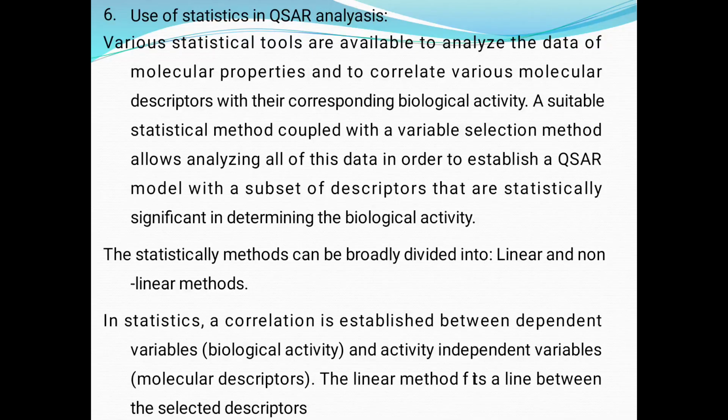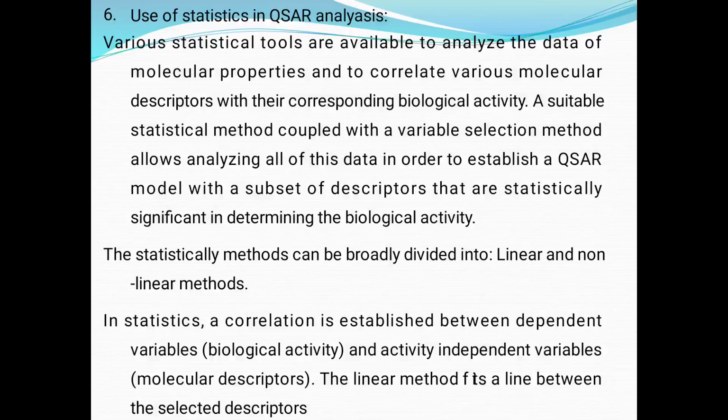So, what basically I want to claim here is that we are using both computational chemistry and statistics to generate an equation that will predict the activity for our test compounds that we have taken in the test set. So that is how you are using statistics for predicting the activity of compounds.